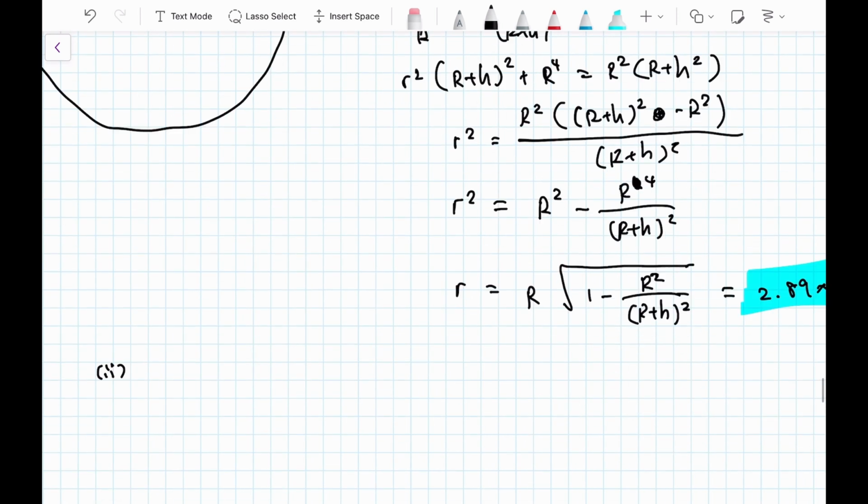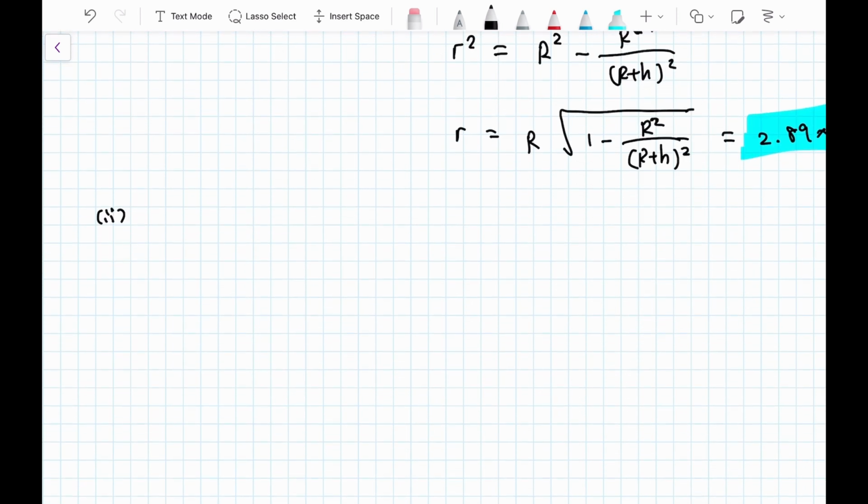Okay, this is really simple, so intensity is power over area, right? The power is 200 watts, and for the area, it only gave us the horizontal radius. So assuming, because there are 66 satellites, that the surface covered by each satellite is approximately flat, we can just use pi r squared.